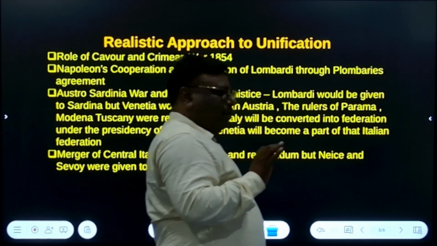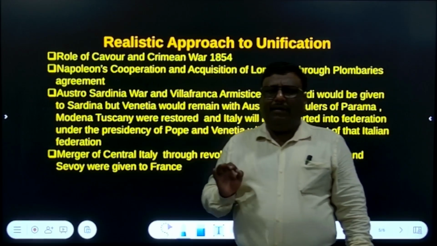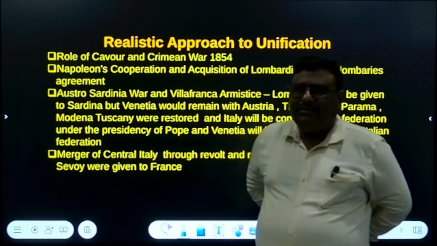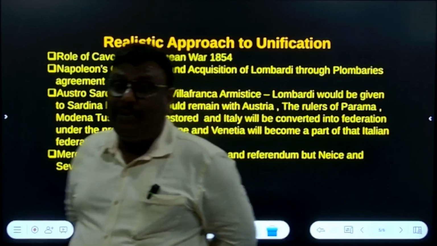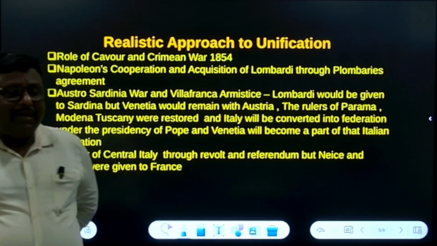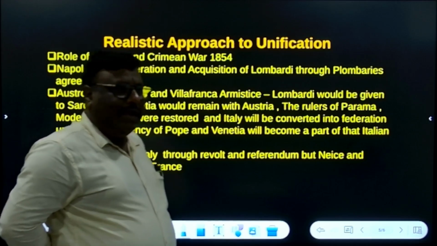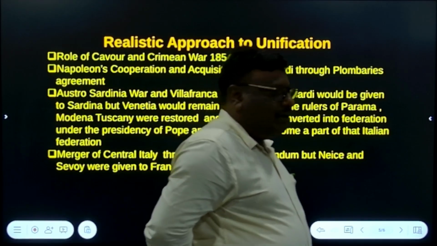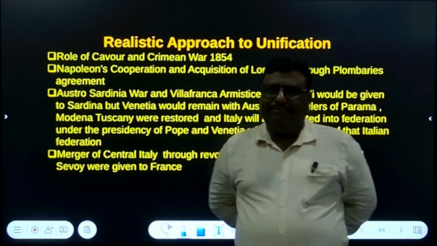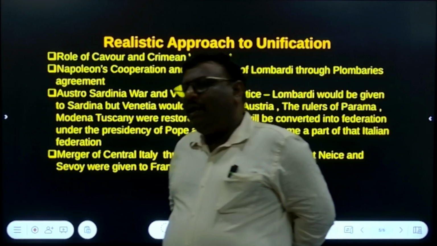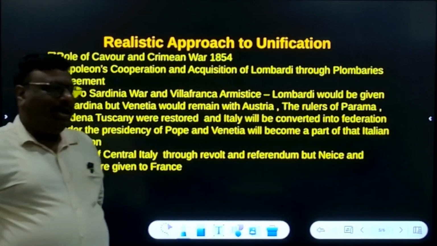It was a big defeat, and it discouraged the people of the Italian regions that unification of Italy could never be realized because the defeat of Austria was almost impossible. And until Austria was defeated in a war, unification of Italy could not be realized.